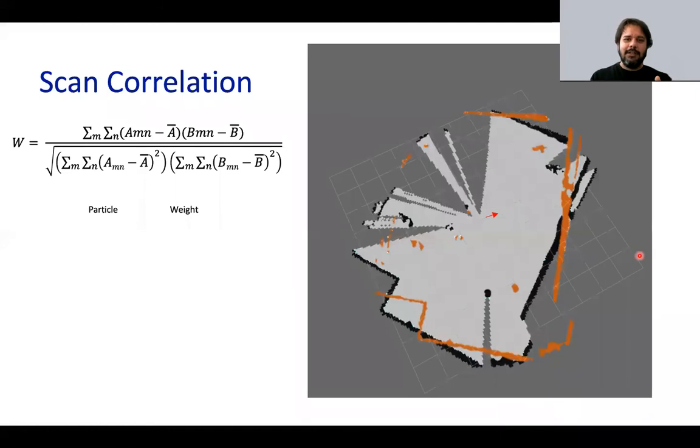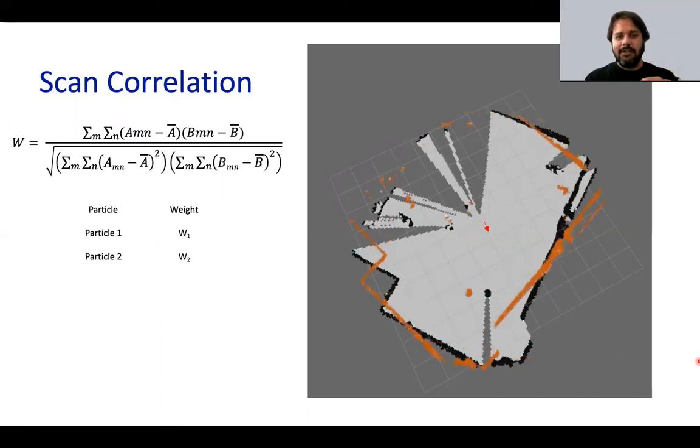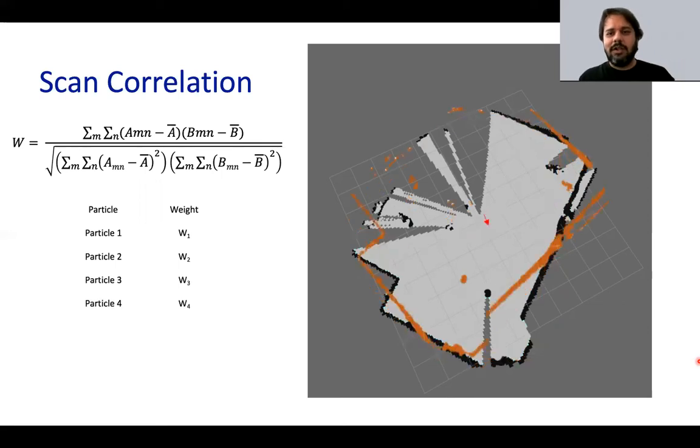So in other words, let's simplify things a bit, at least pictorially. You have this one possible particle out of 1,000. And what you say is that if this was the pose of the car, this is what I would have expected to see as the LiDAR scan. And then you have a correlation between what you expect the LiDAR scan to be and, in this case, the shape of the map. But you can have a correlation between your fake LiDAR and your real LiDAR scan. And with enough guesses, you can have another guess, and so on and so forth.